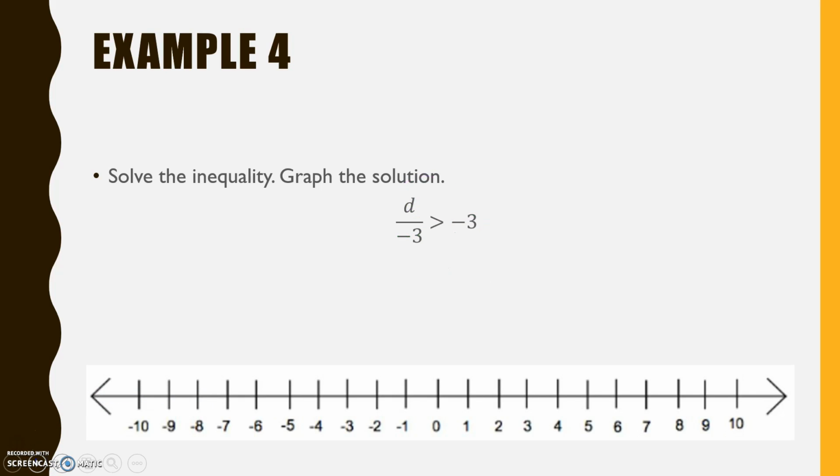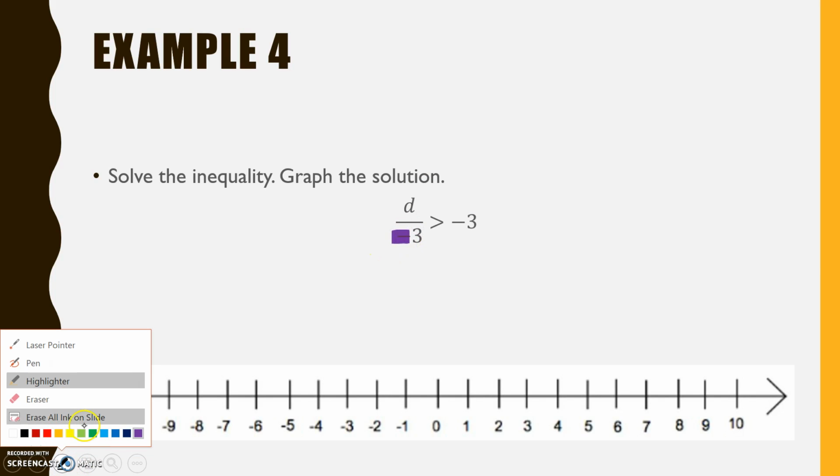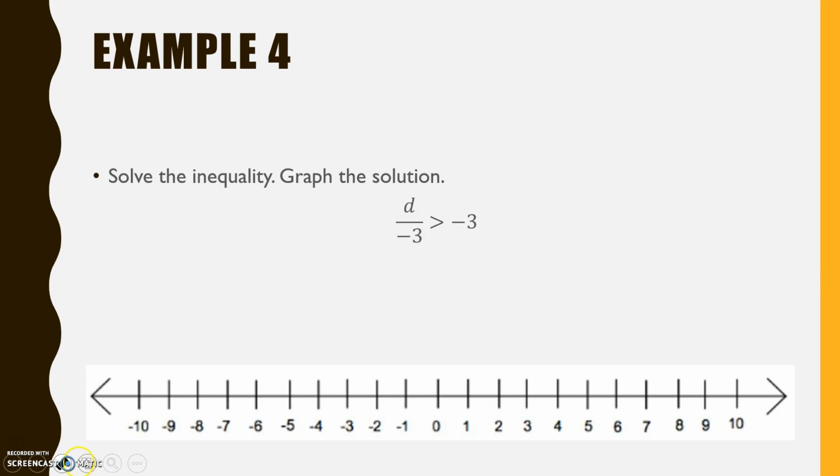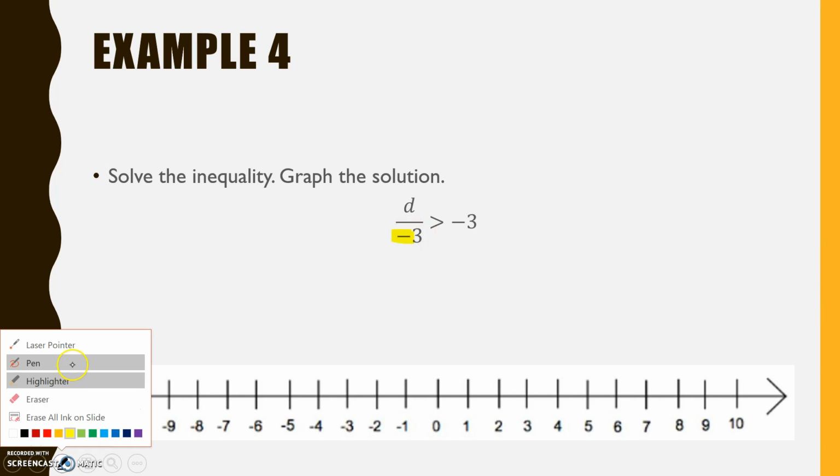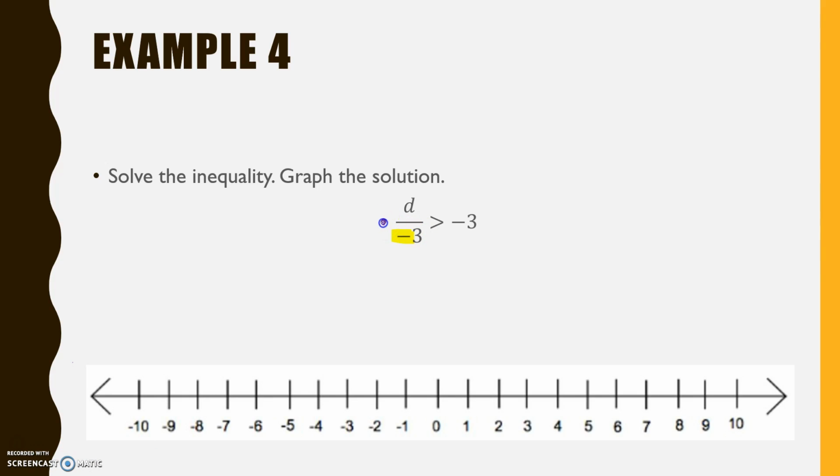So let's practice that one more time. I'm going to say, hold on, I have a negative here. And so when I multiply by negative 3, it's going to change this inequality sign right here.